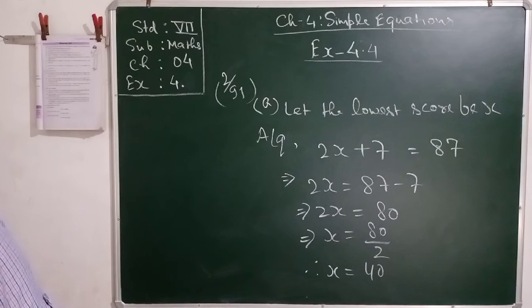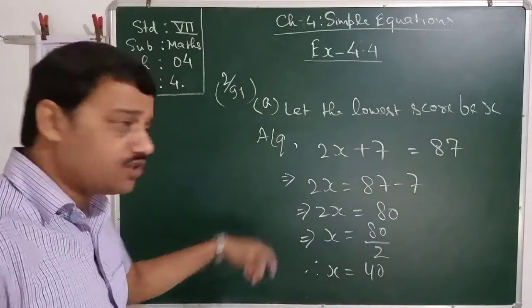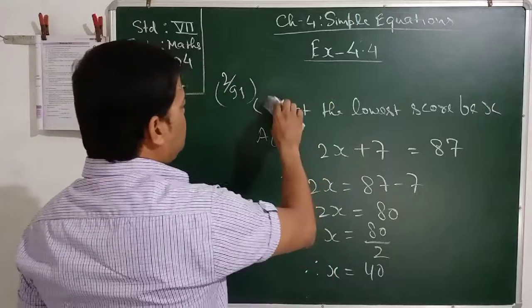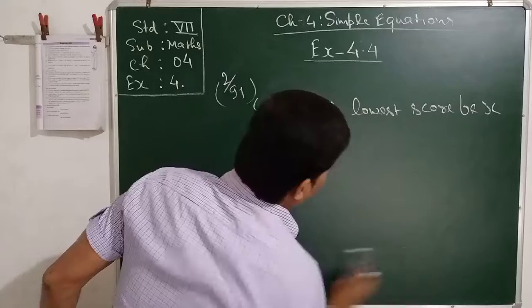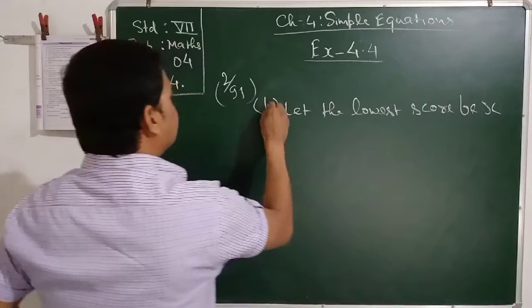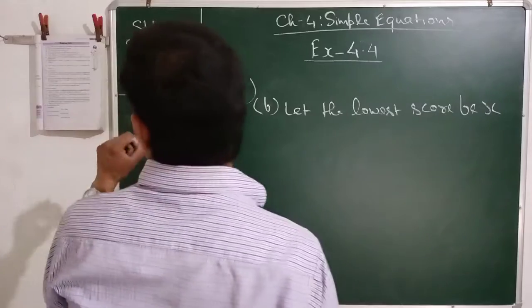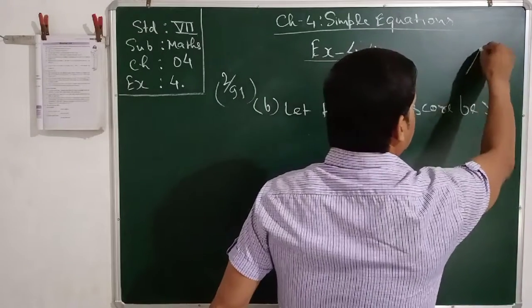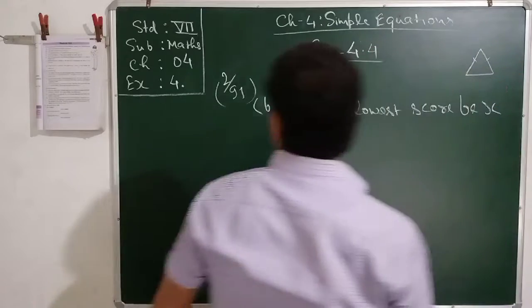Let me look at B, what is given there. I think the A number is very clear to you. Come to B. In B also we need to assume the number to be x. In the B number, in an isosceles triangle, of course you know, this side and this side must be equal.